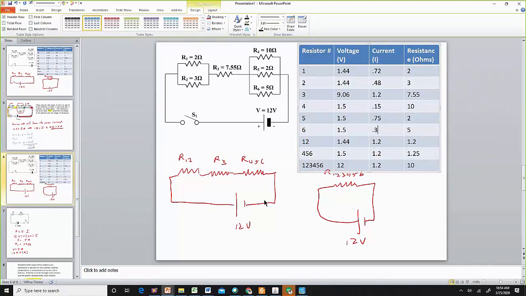Those are the people who are the least organized, and those are the people who will get a lot of things wrong because they're not organized about it. The table helps you in terms of organization. I recommend it. If you choose another method, be really, really clear with whatever method you choose.